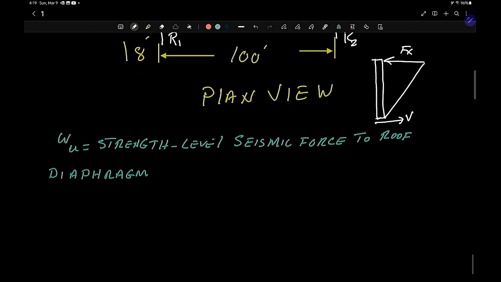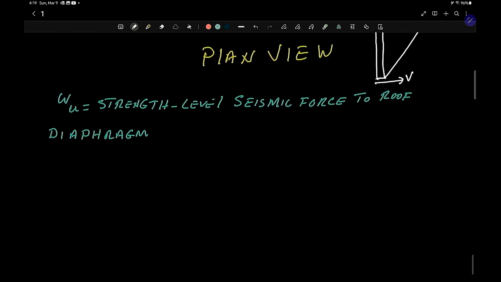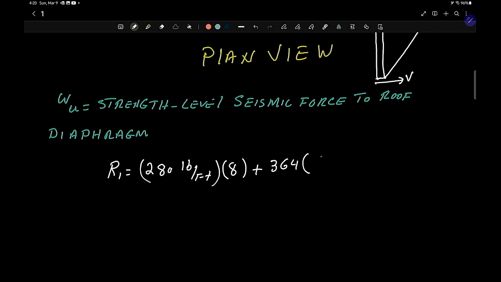To calculate the reaction, we come back down here, and it's going to be 280 pounds per foot, the tributary width is 8, plus 364, and the tributary width of that one is 100.